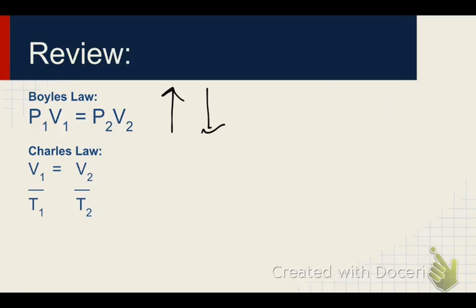However, does Charles's law have a direct or indirect relationship? Very good, it has a direct one. If you increase the volume, what's going to happen to the temperature? Very good, it's going to increase as well. So it's a very good tool to double check your answers to make sure that everything's copacetic. So let's go ahead and learn some new stuff, okay?